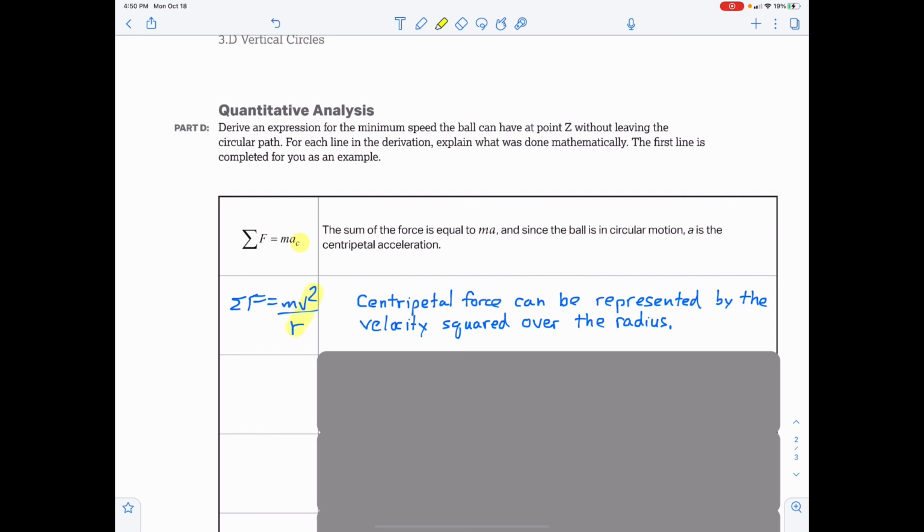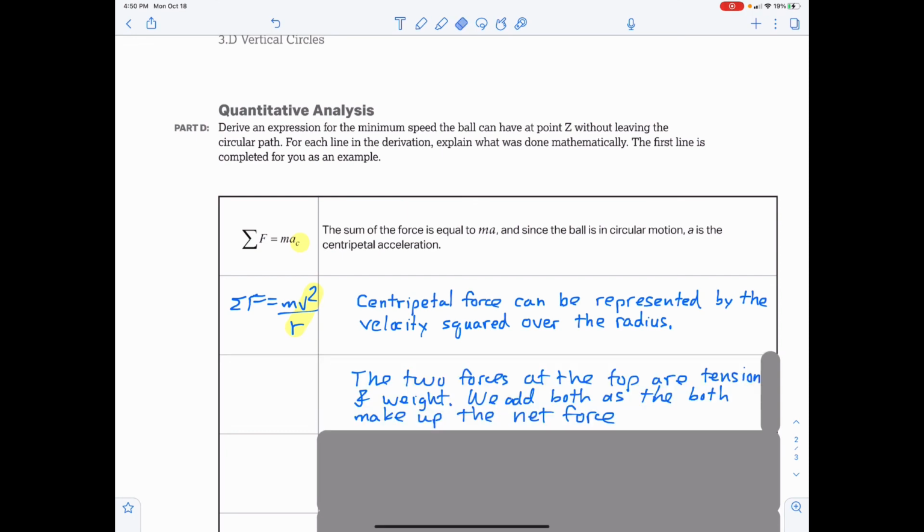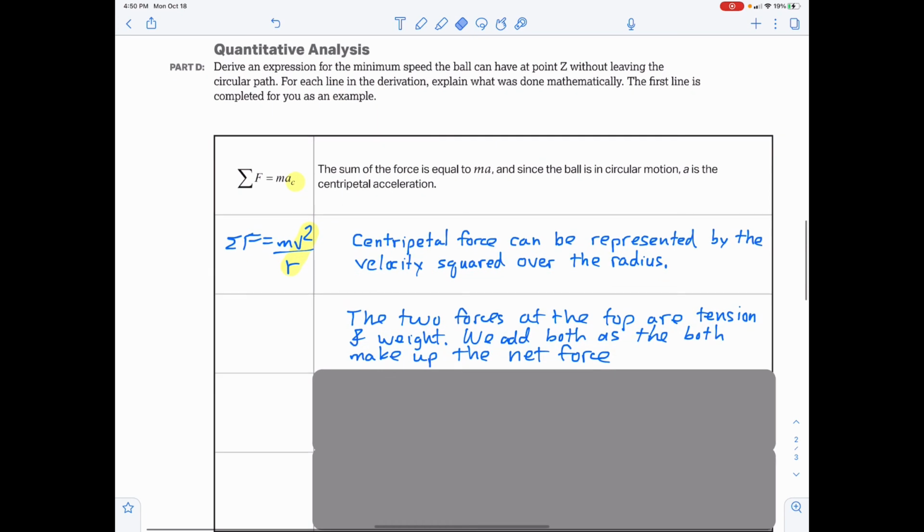So we're substituting AC for v squared over r. Next step, the two forces at the top of the circle are tension and weight. So now we represent the net force as the two forces, tension plus weight, equal to mv squared over r.